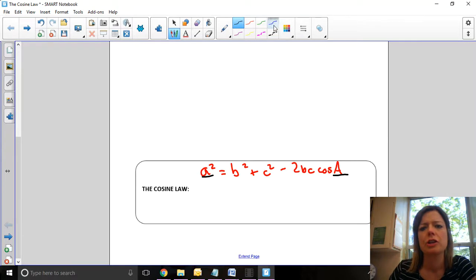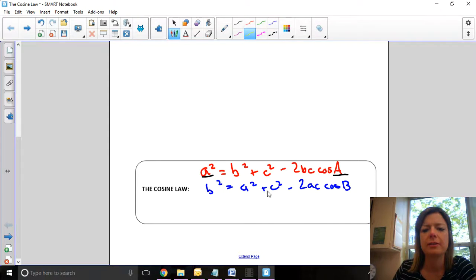If it's B that's unknown, you can write it as B squared equals A squared plus C squared minus 2AC cos B.